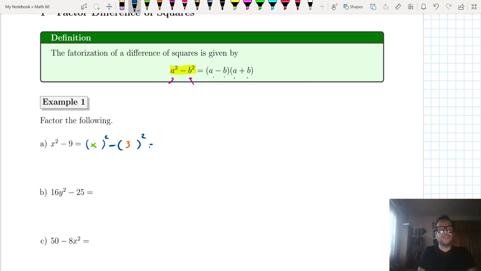So this is going to be our A, and this is going to be our B. So A minus B times A plus B. In other words, simply x minus 3 times x plus 3, and we're done. This is how we factor this difference of squares.